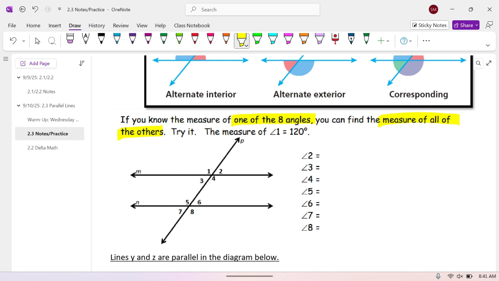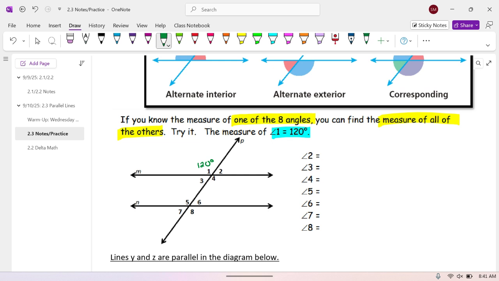Because again, the relationship is either supplementary or congruent. They told us that angle 1 is equal to 120 degrees. So this angle is 120 degrees. Let's go down the line and figure out what the other angle measures are. Angle 2, what's the relationship between angle 1 and angle 2?